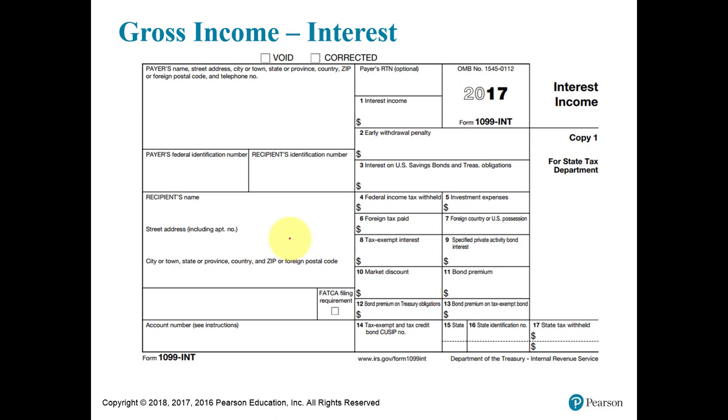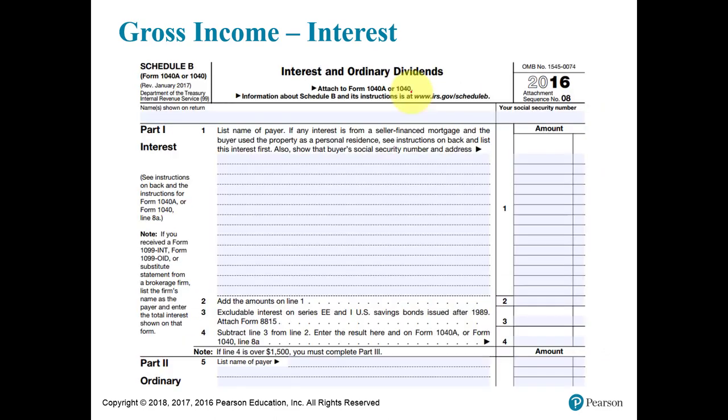So here we use Form 1099 to report interest income to the taxpayer. Here the recipient, and here's the financial institution's information. So here's the interest income being reported. If you receive more than $1,500 of interest income for the year, you have to itemize it on Schedule B, Part 1.